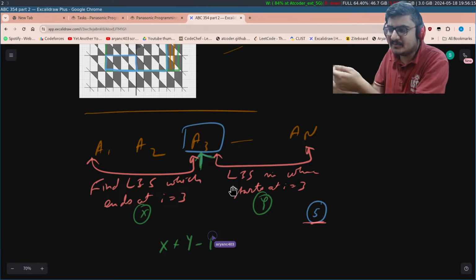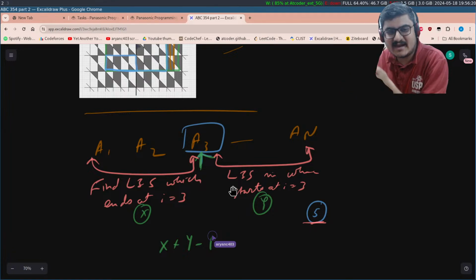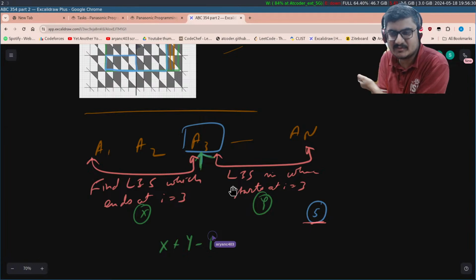Then for computing the LIS which starts at some index, what I did was I reversed the sequence, and now I want to count the longest decreasing sequence over there. And I can even multiply all the elements by -1, so that instead of LDS I only need LIS.